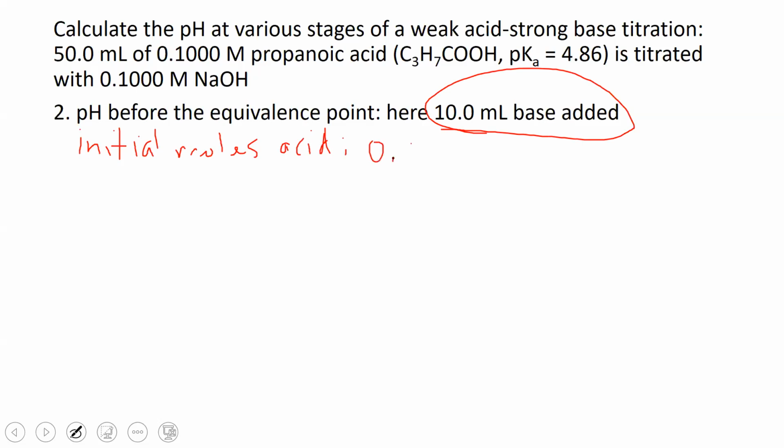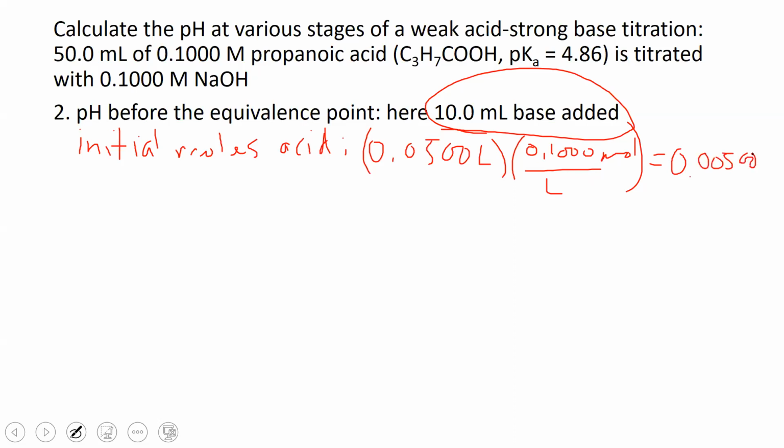So 0.0500 liters times the concentration of 0.1000 moles per liter. So we started out with 0.00500 moles of acid. Okay, so that was our initial number of moles of that weak acid in solution.